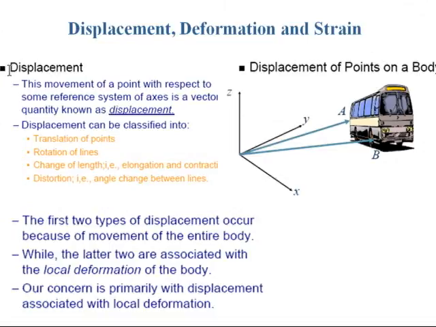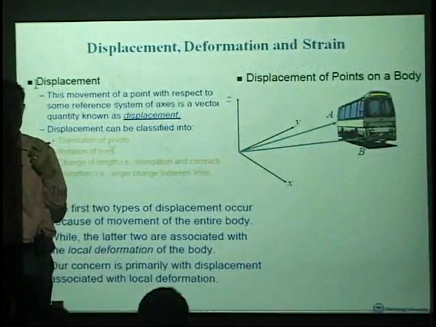As I mentioned, we have three different structures: bar, beam, and shaft. Let's just forget about those three structures. In this chapter, we will review the general behavior of a solid.